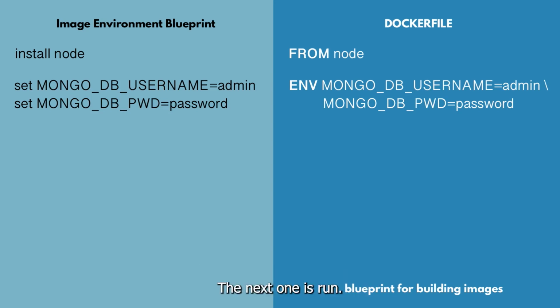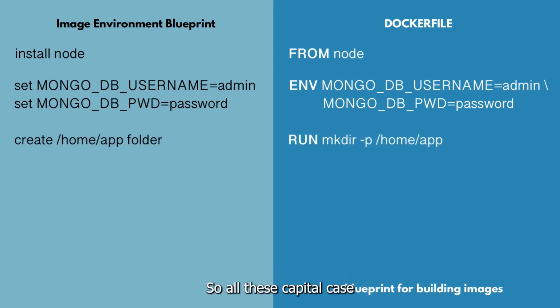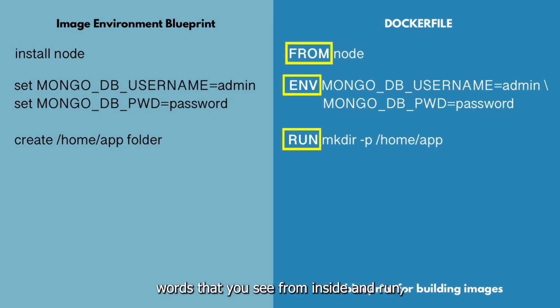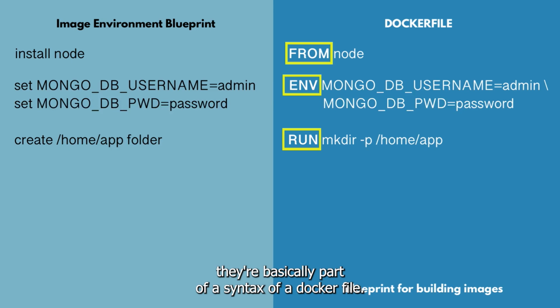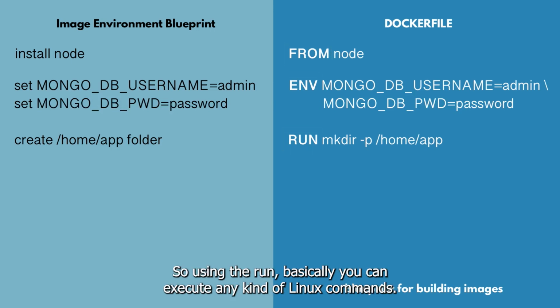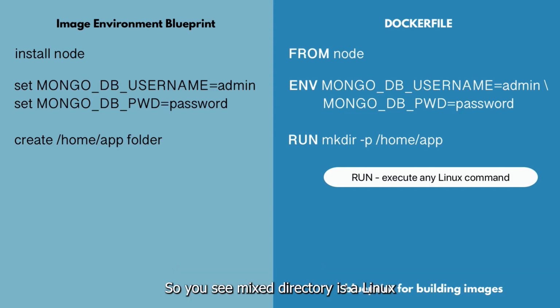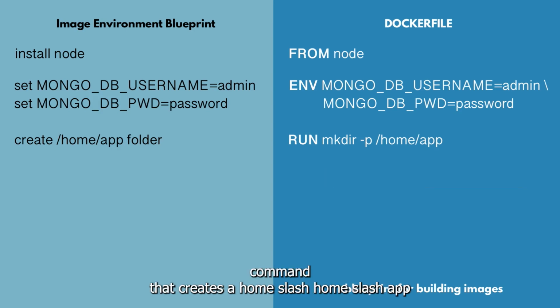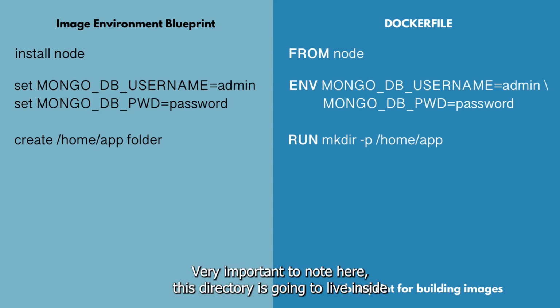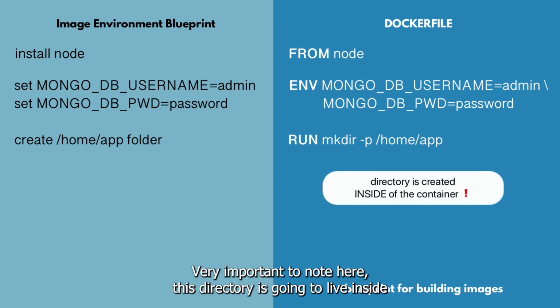The next one is run. So all these capital case words that you see, from, env and run, they're basically part of the syntax of a Dockerfile. So using run, basically you can execute any kind of Linux commands. So you see mkdir is a Linux command that creates a /home/app directory. Very important to note here: this directory is gonna live inside of a container.